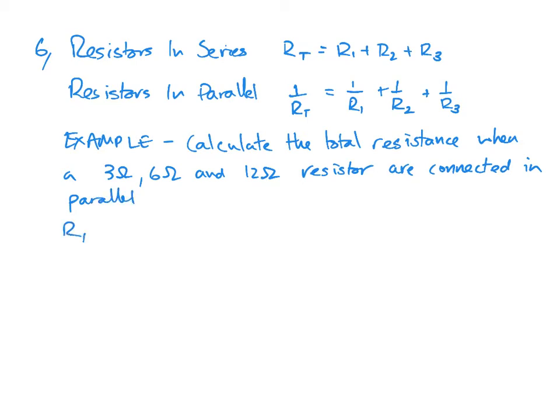So we just start listing what the question tells us. And it doesn't matter which one you label 1, 2 and 3, you'll get the same answer at the end. And you're being asked the total or combined resistance.